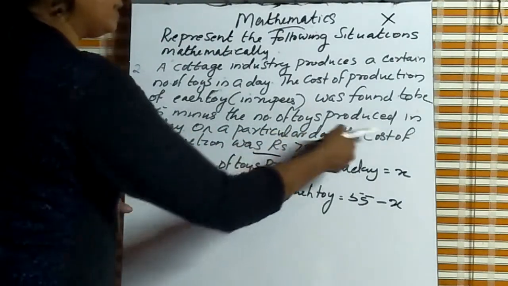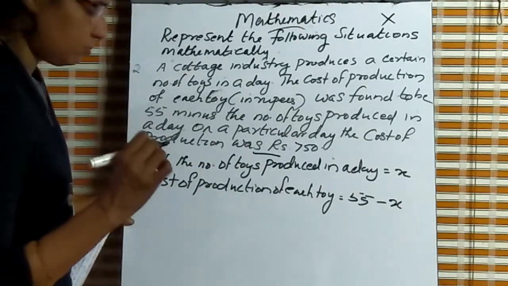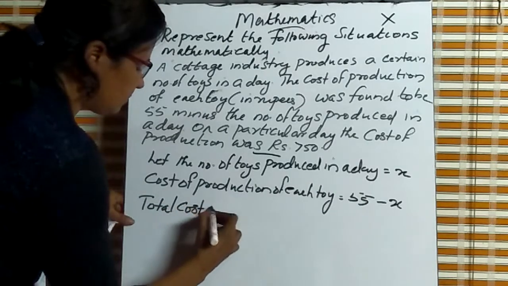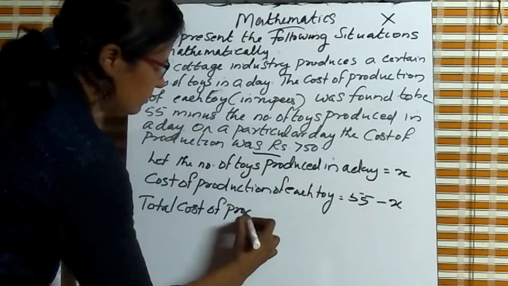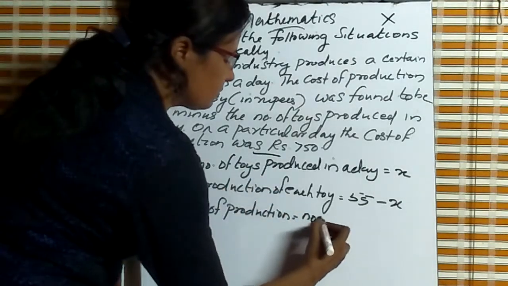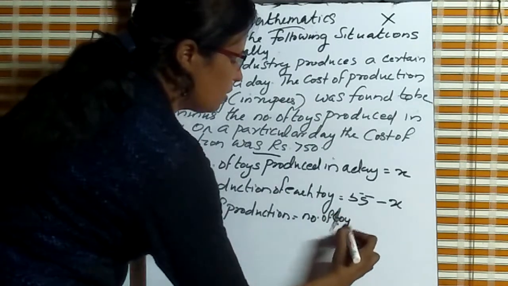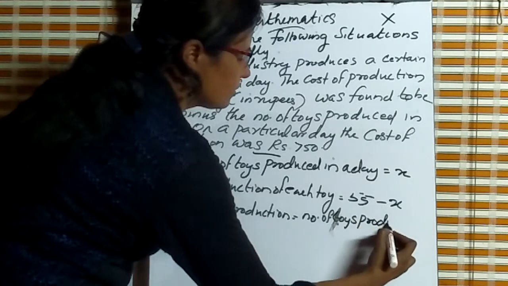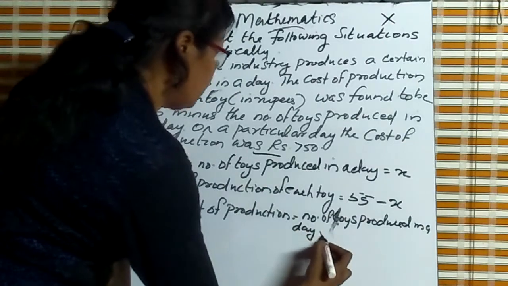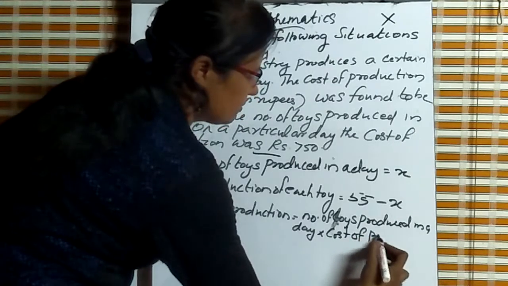On a particular day, the cost of production was rupees 750. How to find the cost of production? Total cost of production is equal to the number of toys produced in a day into the cost of production of each toy.